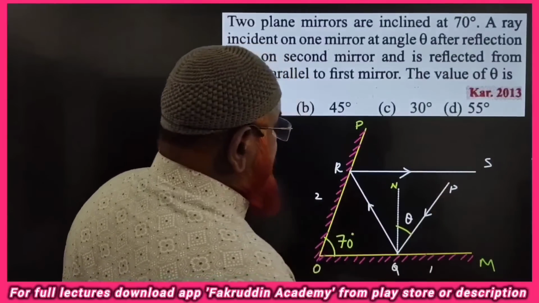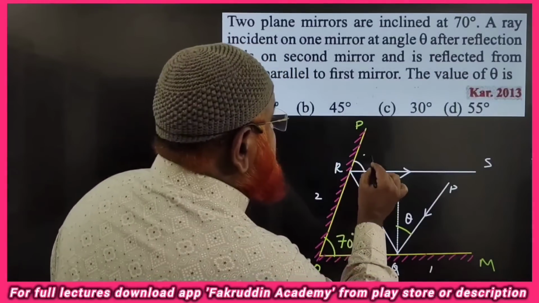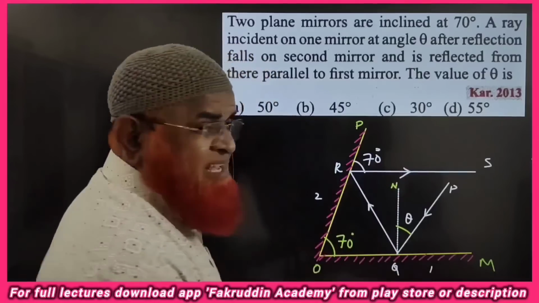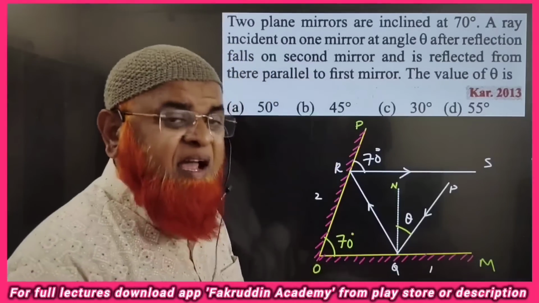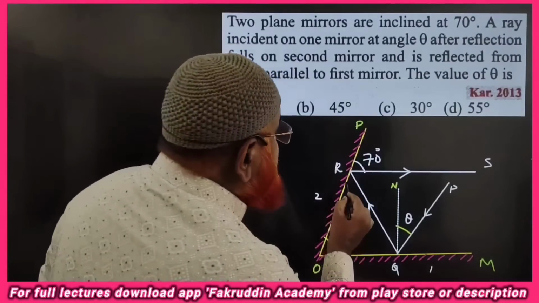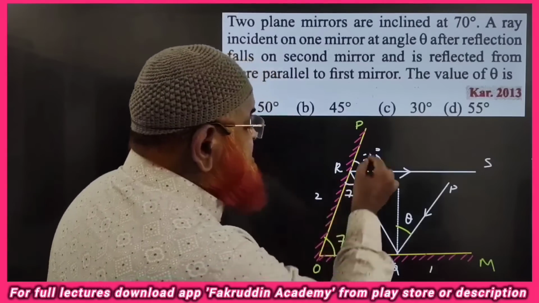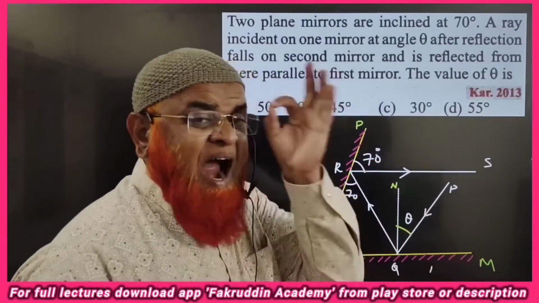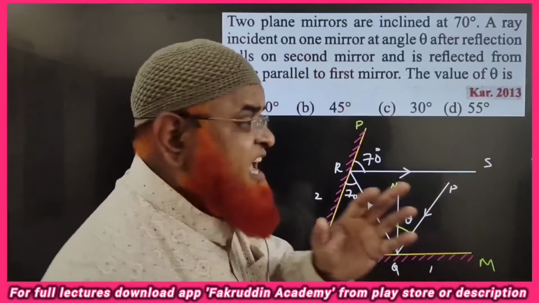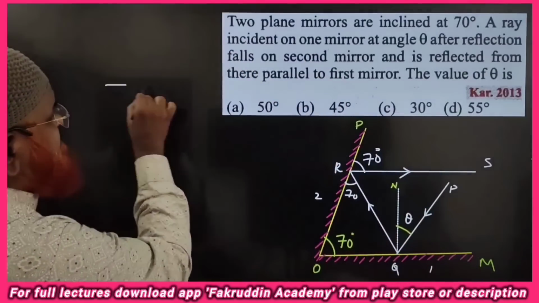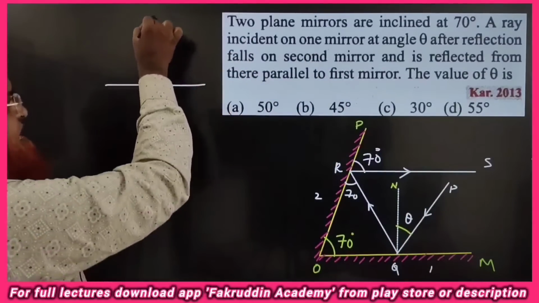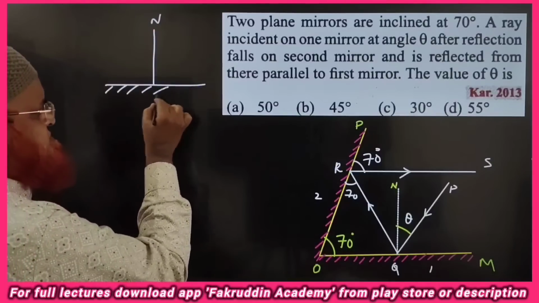When these two are parallel, this is said to be 70 degrees. Why is it 70? These two are corresponding angles. If this is 70, this is also 70. These are called glancing angles and they are going to be the same. Let me discuss the meaning of glancing angle. For example, this is a normal, this is a mirror here.